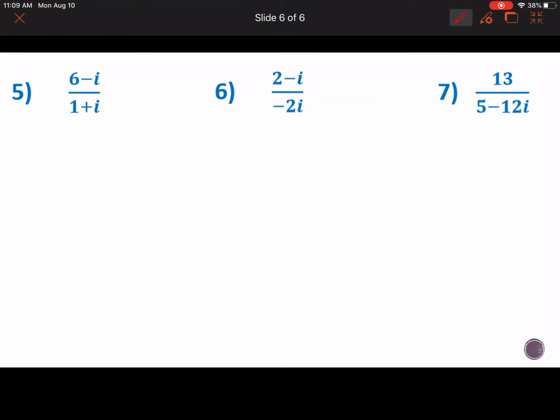Okay, last question. Because this is a binomial, we're going to multiply by the conjugate, which would be 5 plus 12i, and we're going to do that top and bottom. So let's start with the numerator.